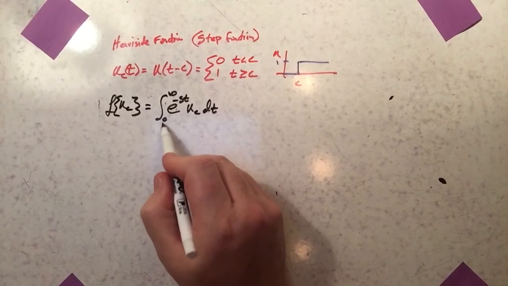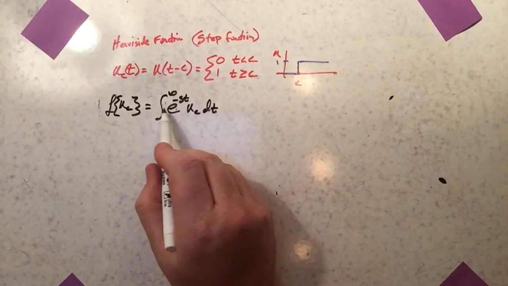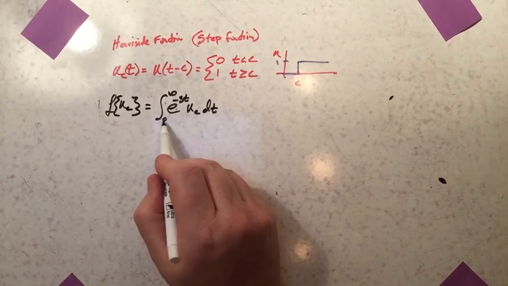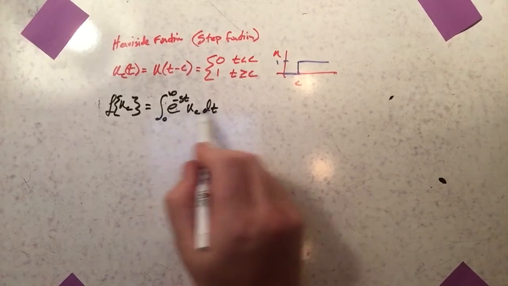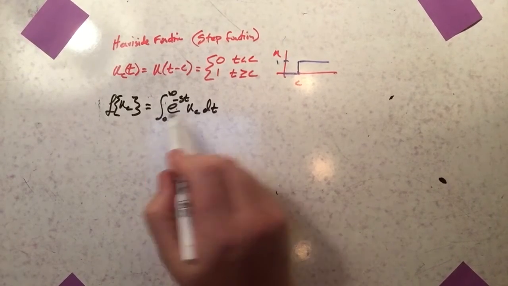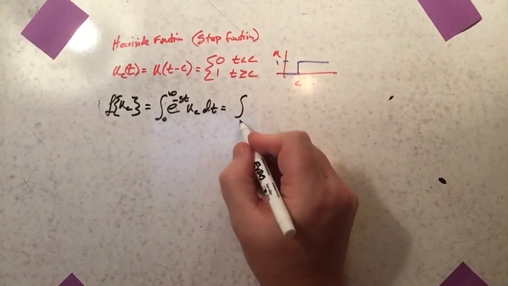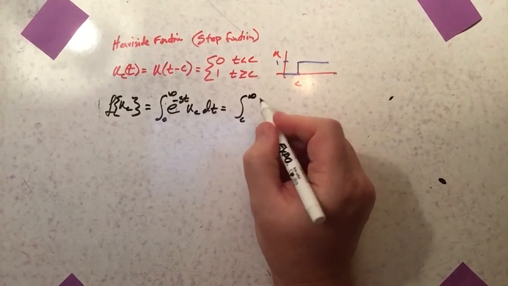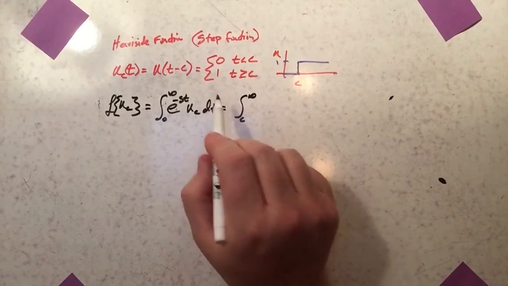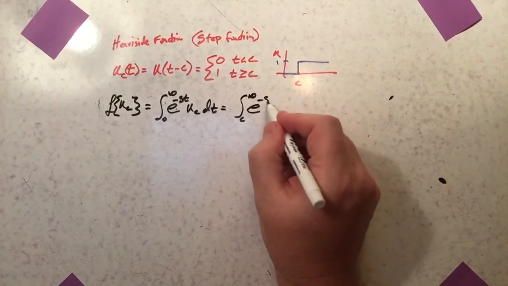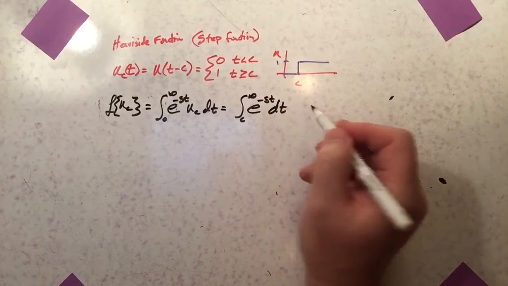So the bottom portion of the integral says, no matter what the integral of this is, if I plug in from 0 to c, this guy's going to return 0. So what I do instead is I start the integral at c, and it goes from c to infinity, and now u_c has the magnitude of 1, so it's just e to the negative st dt.